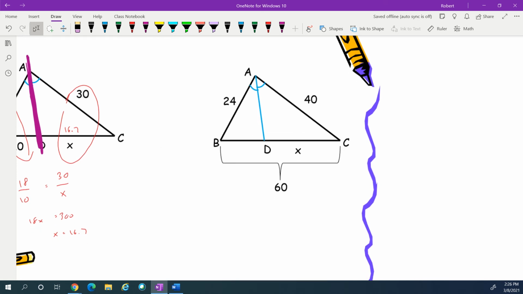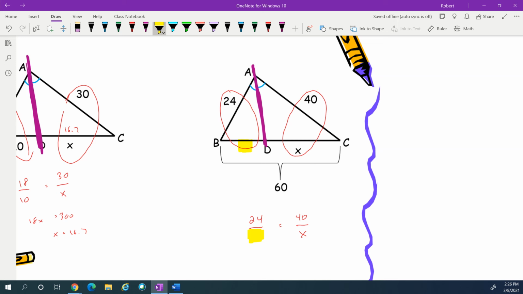Looking at another example, again, the angle bisector splits the triangle, so the two segments on the left are proportional to the two segments on the right. So here's the problem. We don't know this segment. We can fill in everything else so far, but we're missing that segment right there.